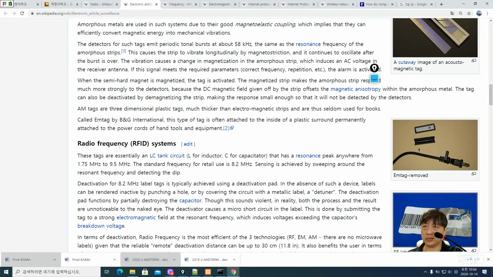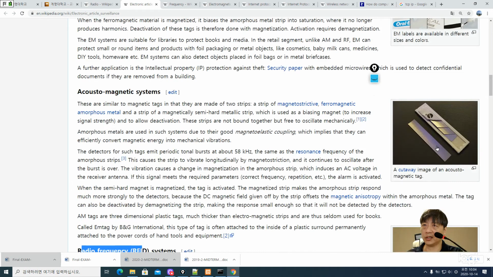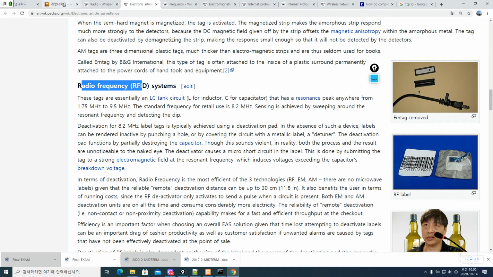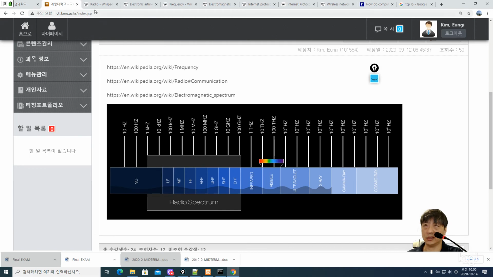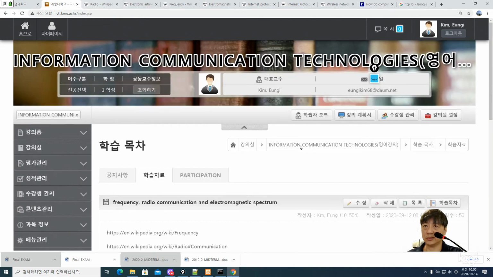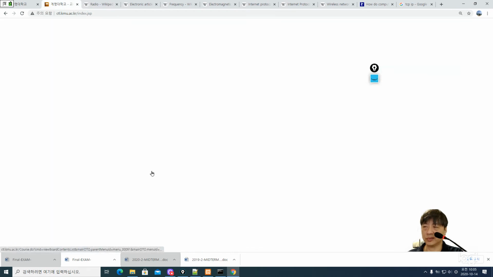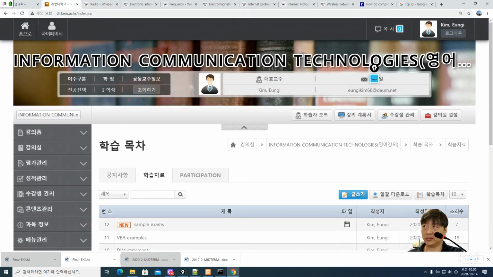Whereas you can use a radio frequency ID system, kind of similar to EM and AM, but it costs a little bit more. Basically, they have different characteristics too. We talked about RFIDs and those characteristics. Some of them are chipless, some of them have chips.